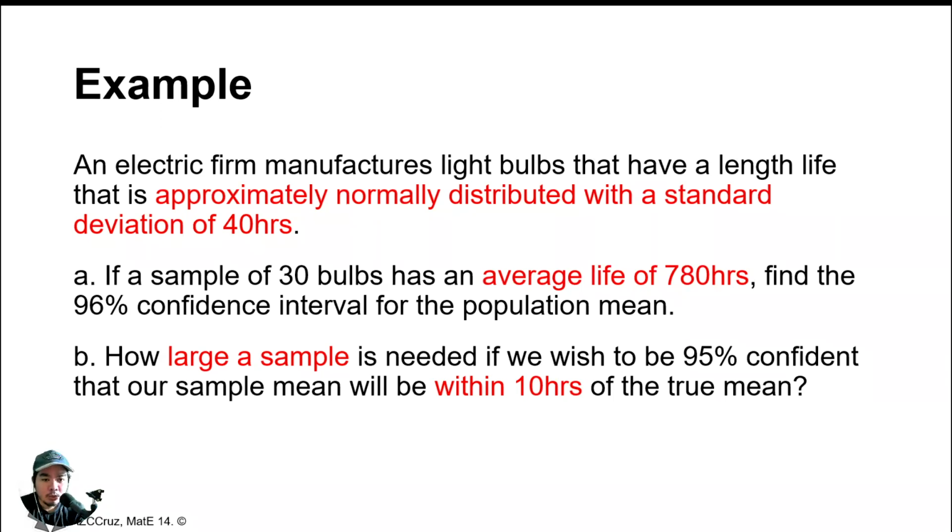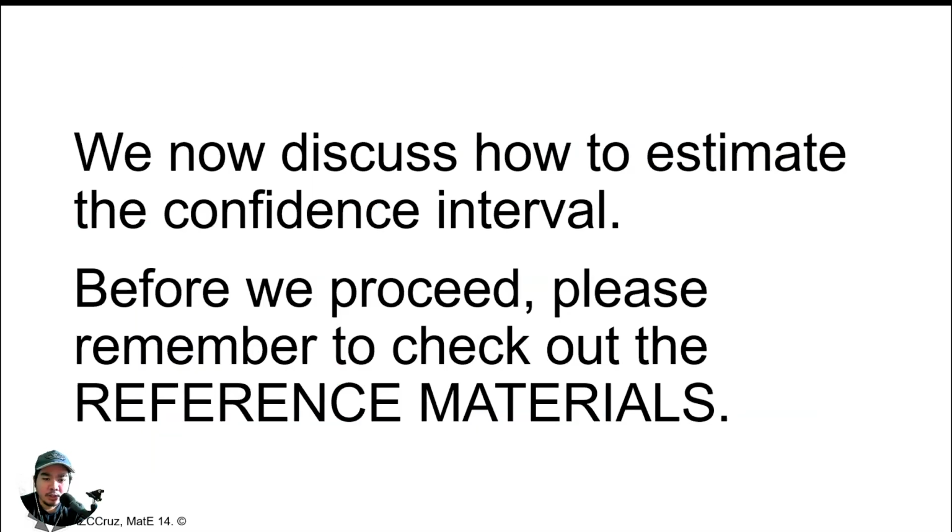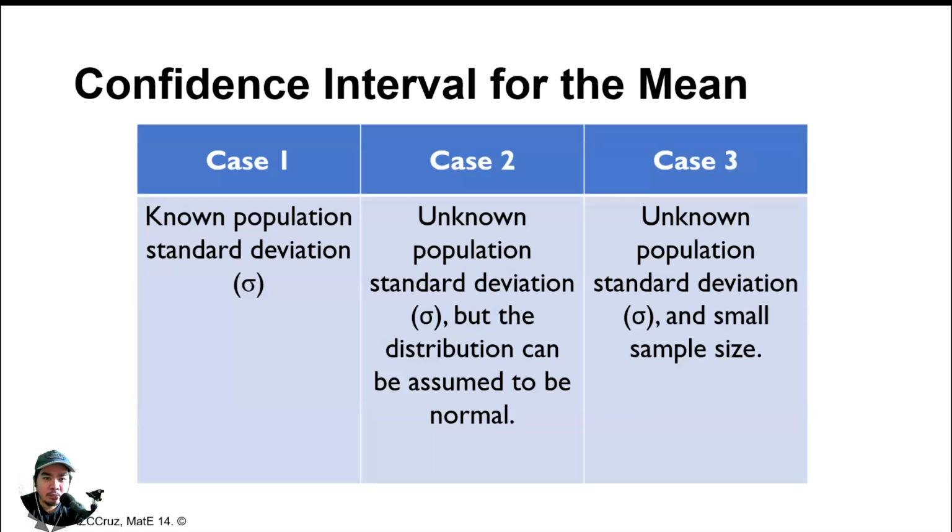Okay? So for this case, we will be trying different examples. No? So there are 9 cases for your interval estimators, and ang first na 3 deals with the mean. No? So this is the confidence interval for the mean. Meron tayong 3 cases.